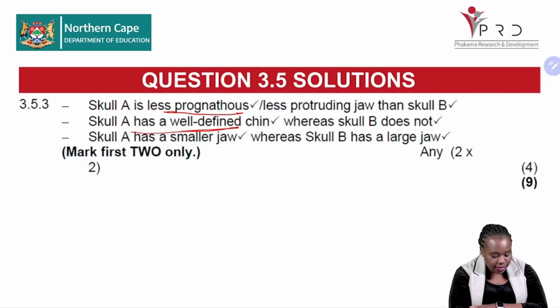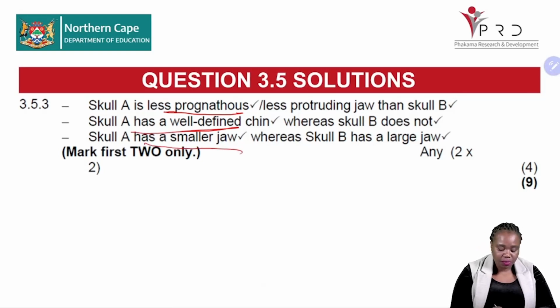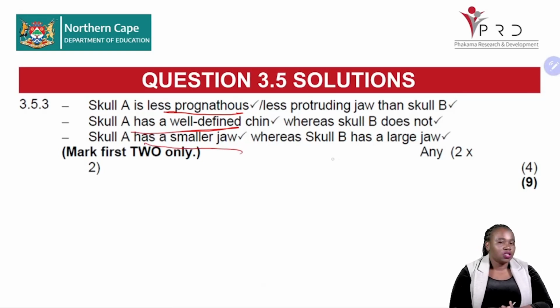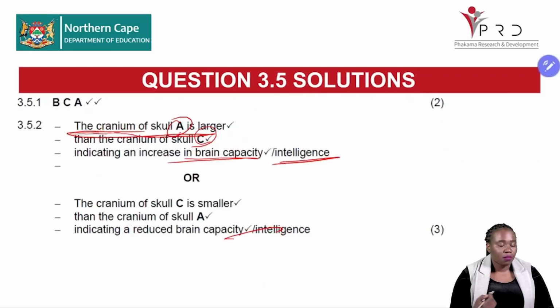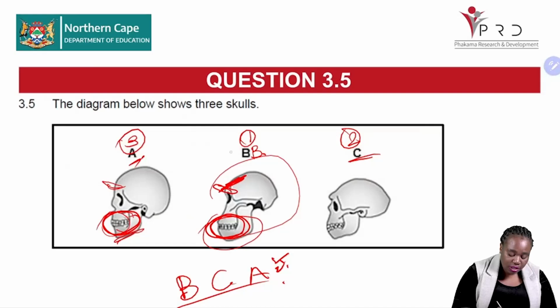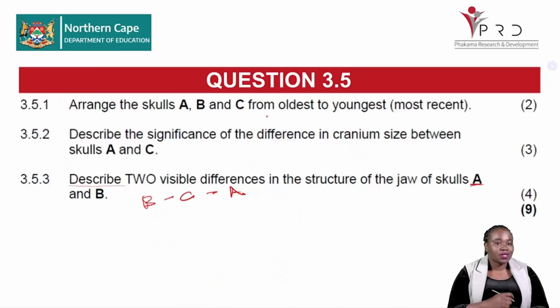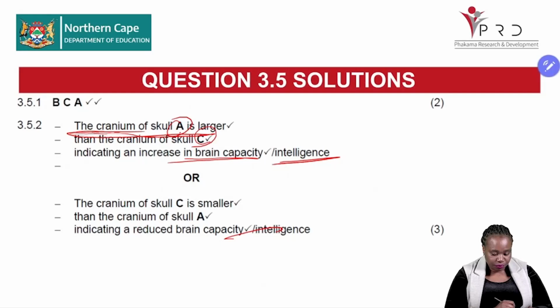Okay. And then lastly, skull A has a smaller jaw. So the jaw is also a bit smaller, whereas skull B has a larger jaw. And then you can also mention the brow ridges, as I have said. You can mention that they are more prognathous, whilst the brow at B they are more protruding, whereas at A the brow ridges are not that visible.